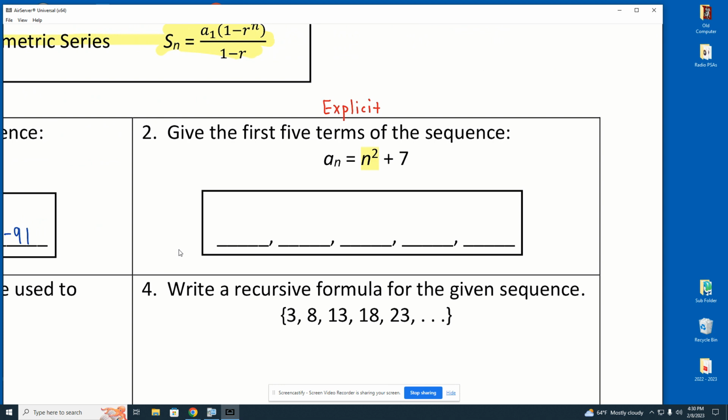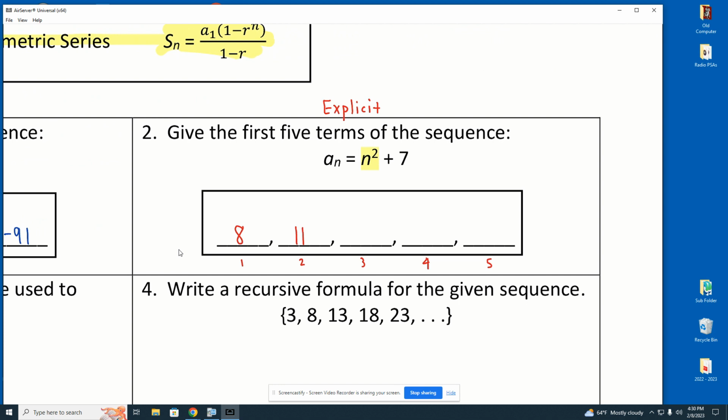Well, remember what we said. If I want to find the first term, I plug in 1. If I want to find the second term, I plug in 2. I plug in 3 for the third term, 4 for the fourth term, 5 for the fifth term. So that's how I'm going to do this. So what's 1 squared? 1. 1 plus 7, 8. To find the second term, I don't care about 8. I care about 2. 2 squared is 4. 4 plus 7, 11.